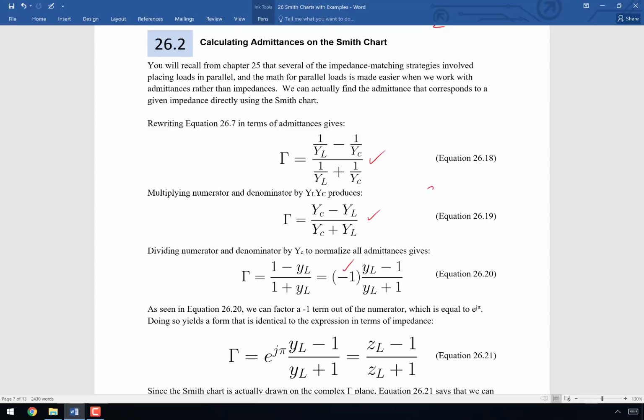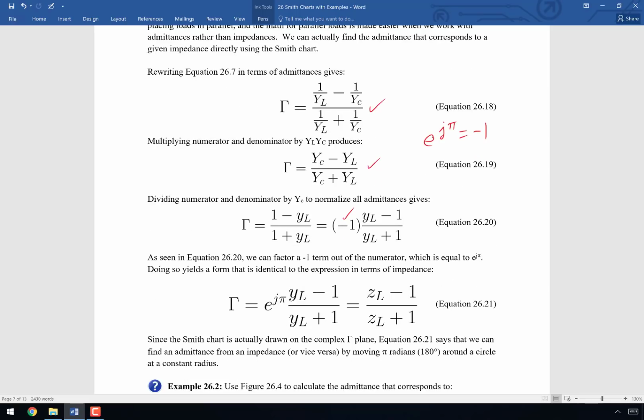Also remembering that e to the j pi is equal to negative 1, I can now say gamma is equal to e to the j pi times y sub L minus 1 over y sub L plus 1. But I know from our previous discussions that it's equal to z sub L minus 1 over z sub L plus 1. So looking at this term and this term, the only thing that is different between them, other than substituting y for z, is this e to the j pi.